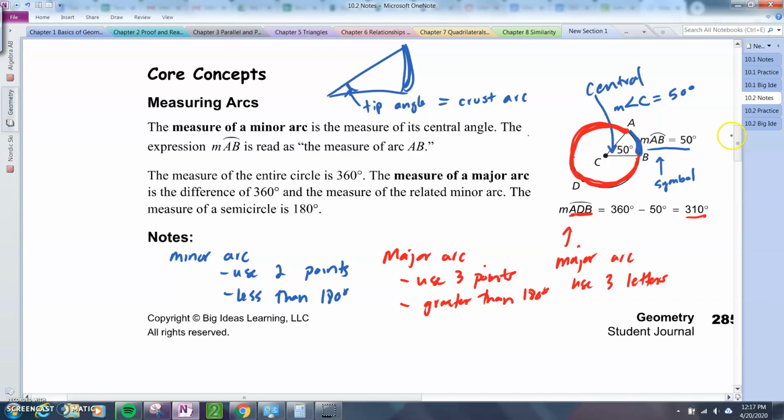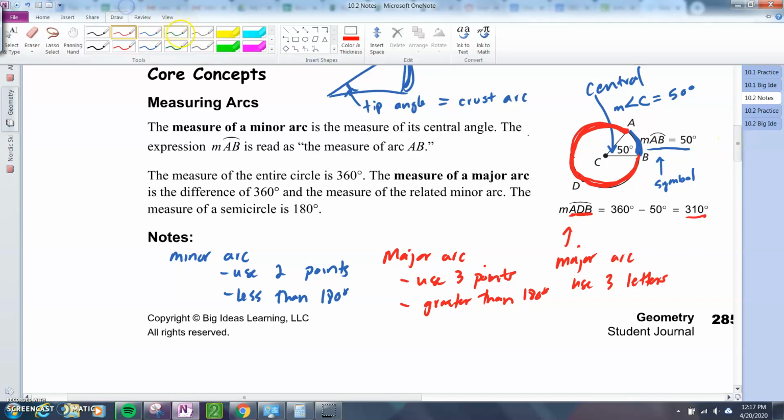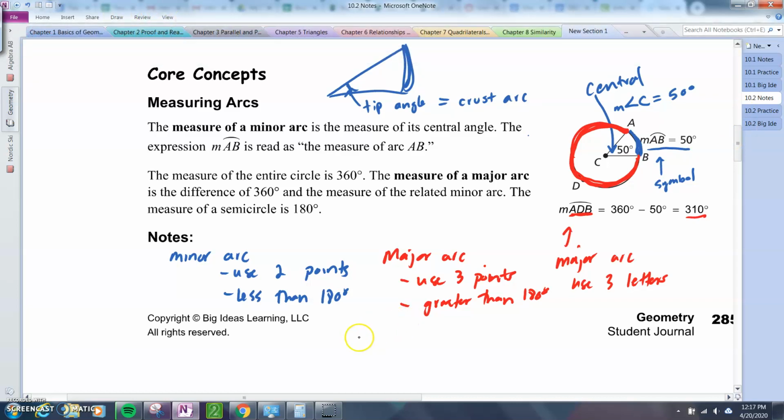Another one that's on your notes up there was semicircle. A semicircle is just, if I had a circle here, this arc that is half of the circle.